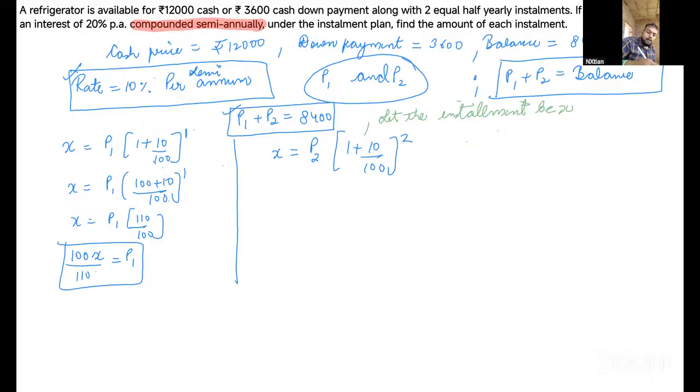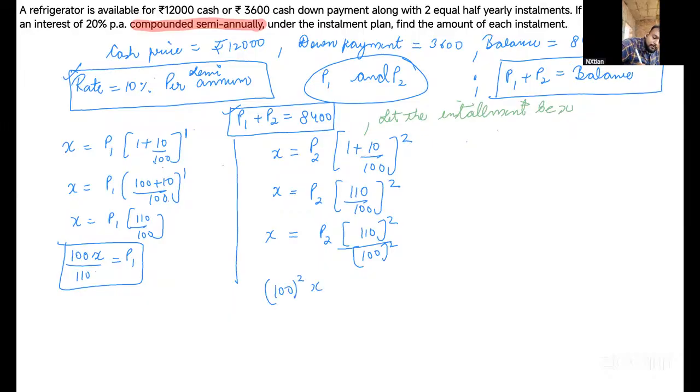See guys, what I will do here: X is equal to P2 into 110 by 100 having the power 2. So X is equal to P2 into 110 square upon 100 square. So 100 square X upon 110 square is equal to P2.